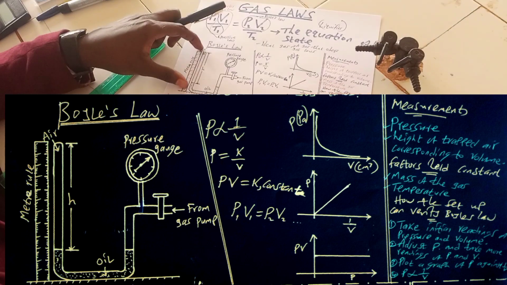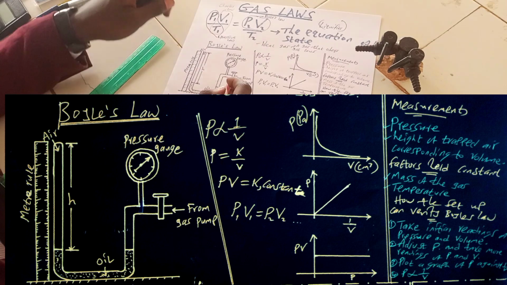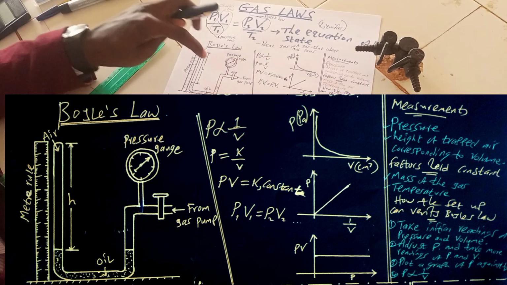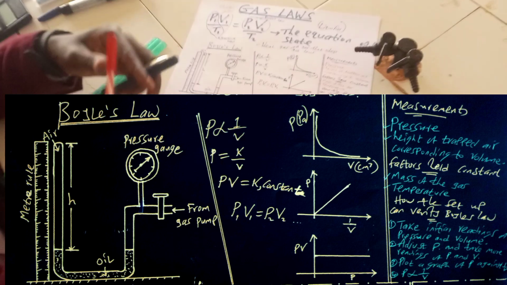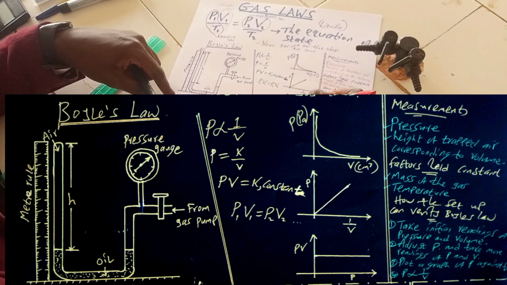After taking the initial reading, what you do now, you adjust the pressure from the tap. We have a tap here. You adjust the pressure and take more readings of pressure and volume.